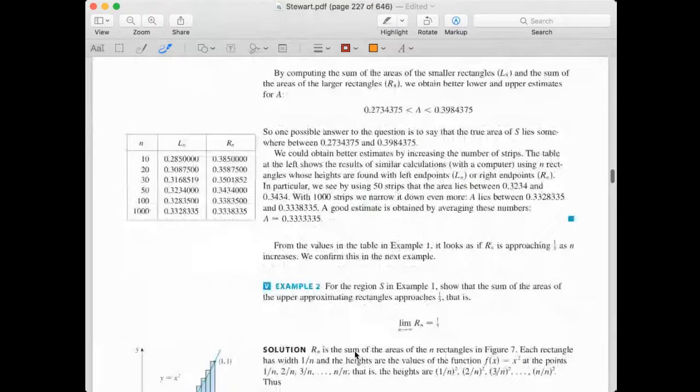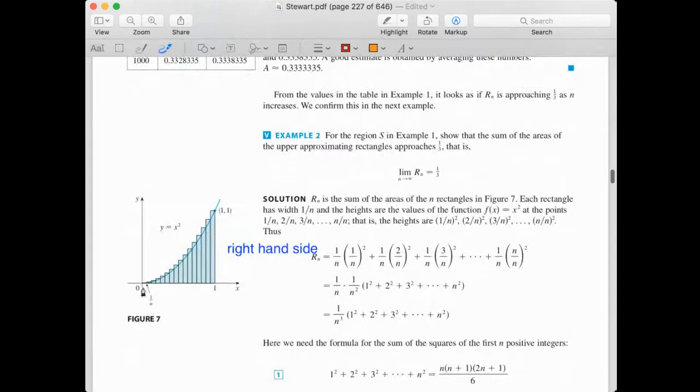So this example is to pick the right-hand side. The first rectangle would be 1 over n times f of 1 over n, which is 1 over n squared. The second one is also 1 over n wide. So each width of the rectangle is 1 over n. The only difference is the height.